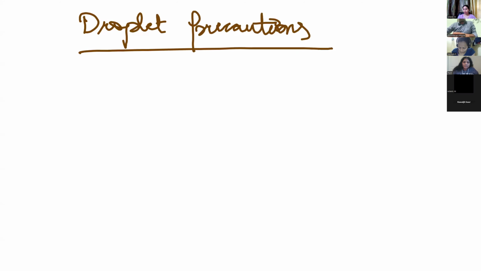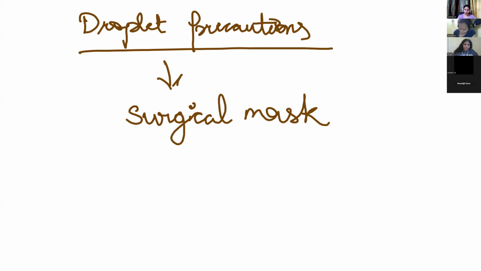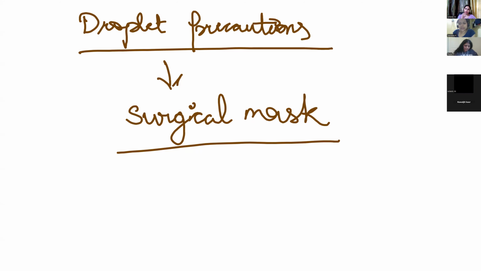You need to wear which mask? Surgical mask. No other mask. Whenever you get this term droplet, that means a surgical mask will be used. Keep this in mind. This is very important.